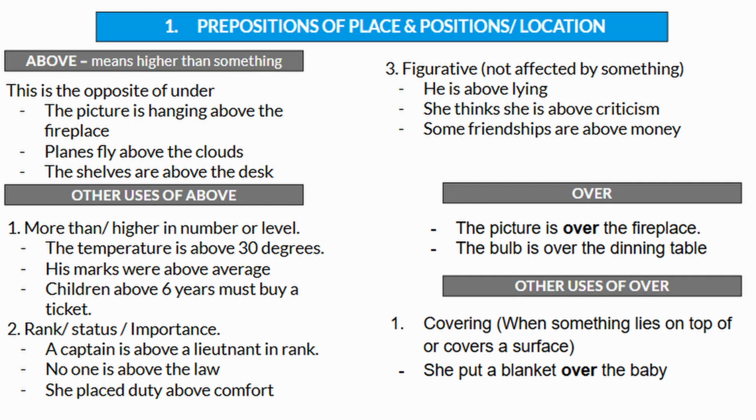We have the last sentence here that I like. Some friendships are above money. When we say that some friendships are above money, it means these are friendships which are not affected by money. They are friendships whether money is there or not.